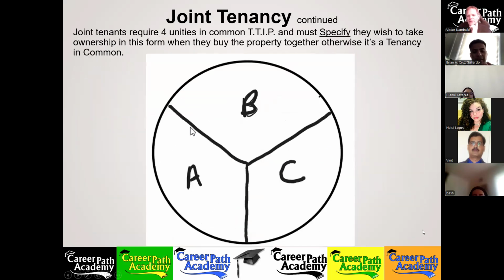The very first one, yeah, if you do not specify that you are owners as joint tenants. Remember, to create a joint tenancy, you have to specify you wish to take ownership in that form.